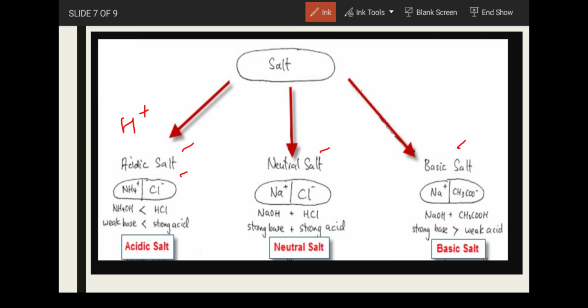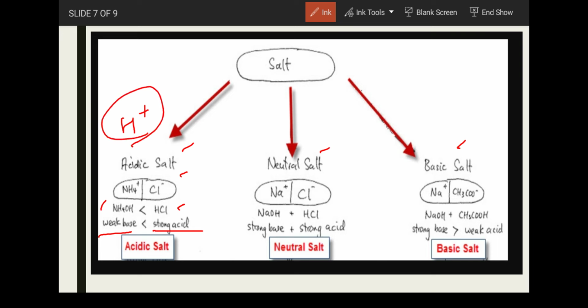Here we can see that the acid is strong and the base is weak. The strong acids are hydrochloric acid and sulfuric acid, and the weak base is ammonium hydroxide. So the salt formed will be an acidic salt because of the presence of more H ions.